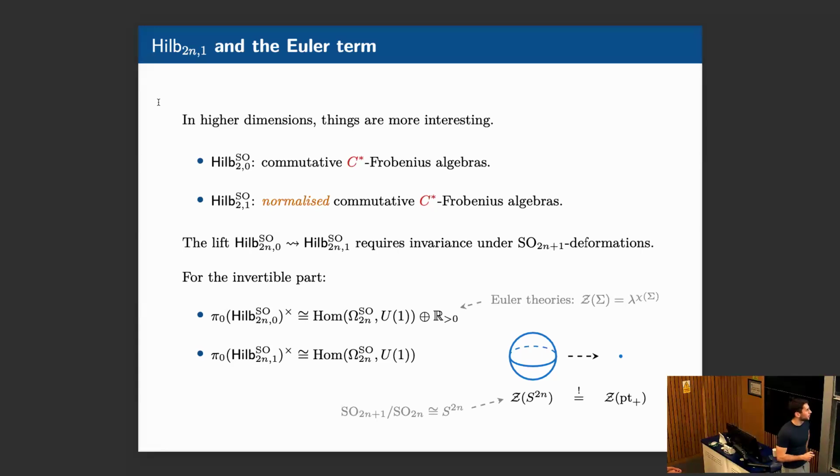And we know that the classification, this is given by Freed and Hopkins, is given by this standard part given by some cobordism group, plus we get the Euler theories, right? Which is just given by theories whose partition function is given by the evaluation of your characteristic class as the exponential of some real number, positive.